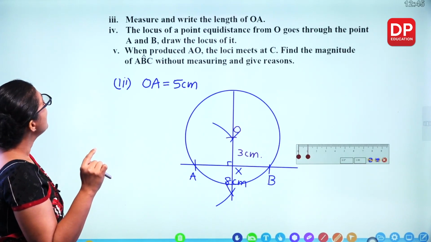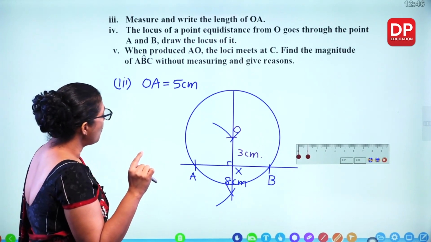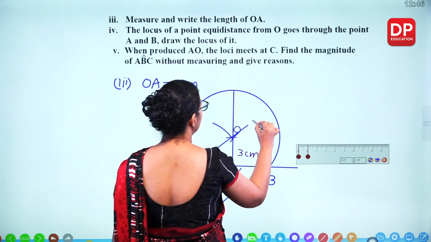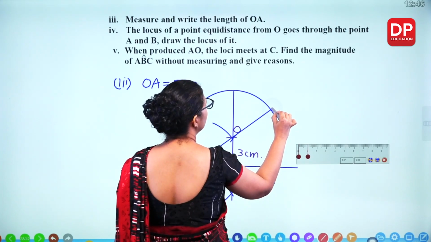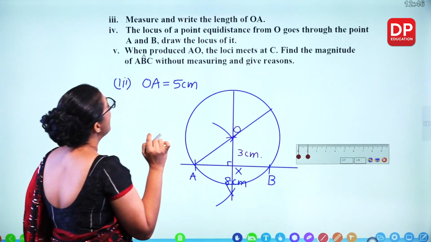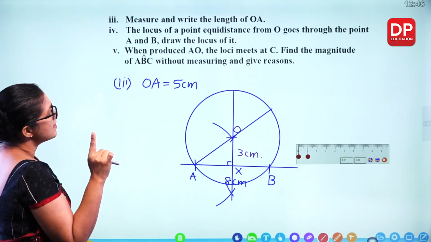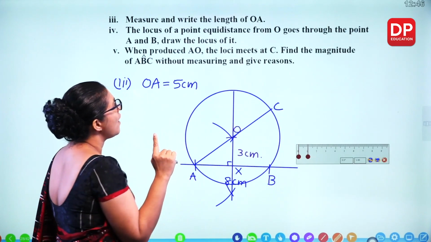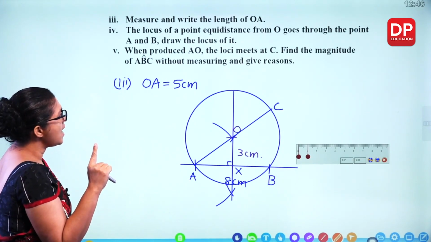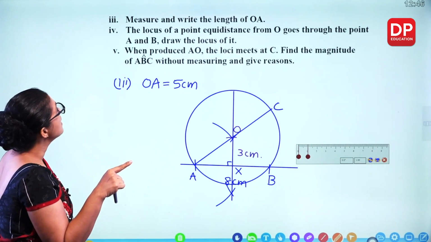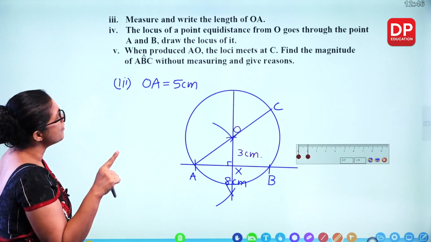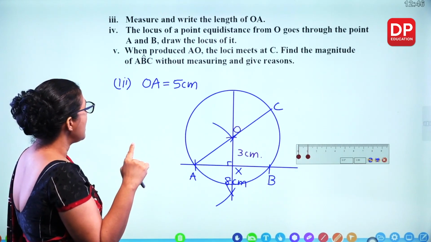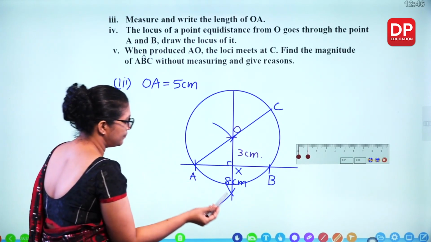Then when produced AO, you can produce AO like this. The locus meets at C. This point is C then. Find the magnitude of angle ABC without measuring and give reasons. ABC.